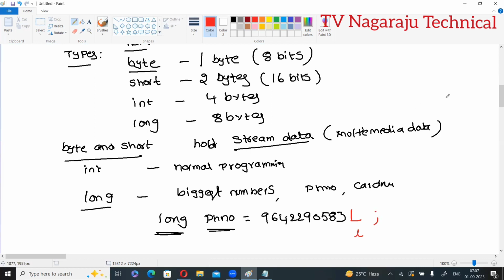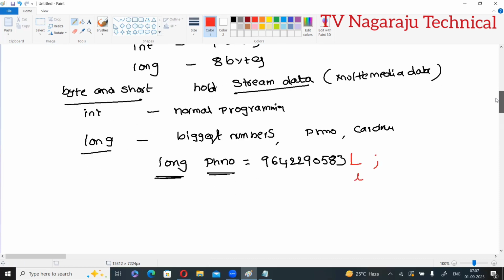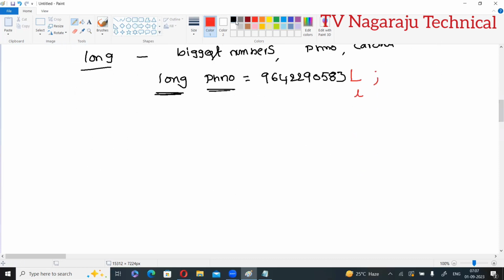Clear? That is integer data type. Next, come to the second one, floating data type. Floating is used to store real values, meaning values with some decimal points.